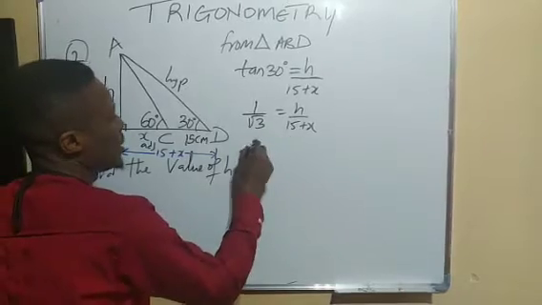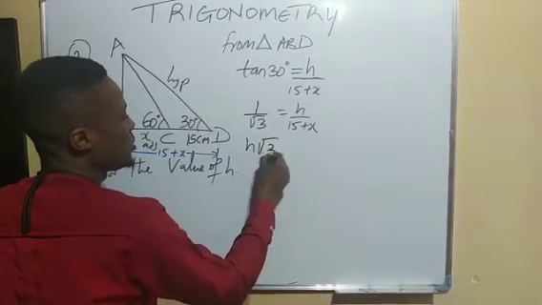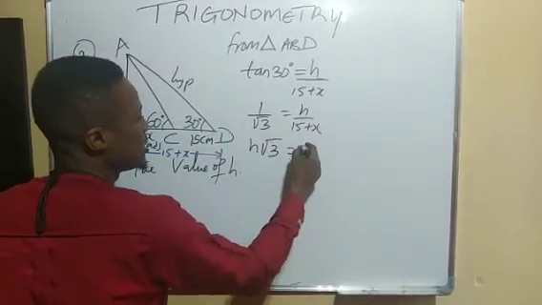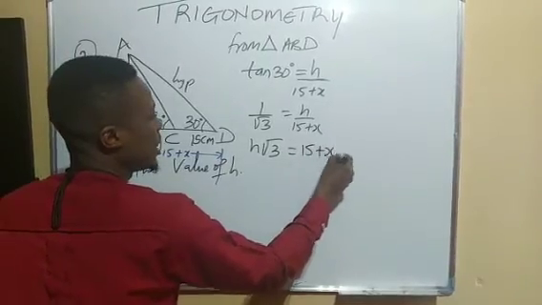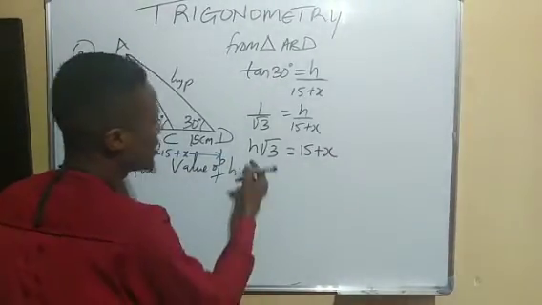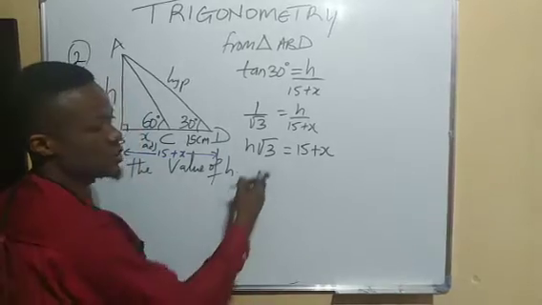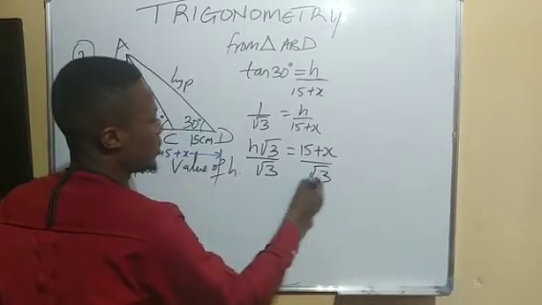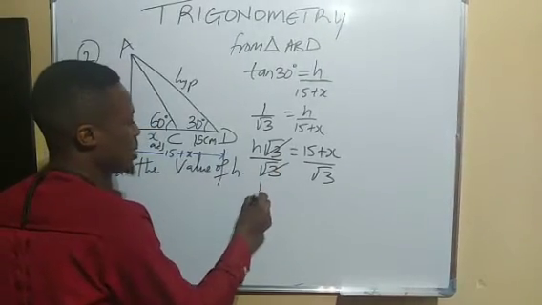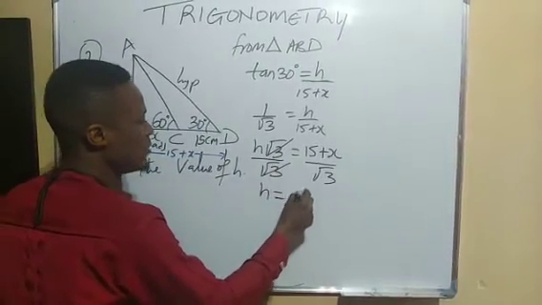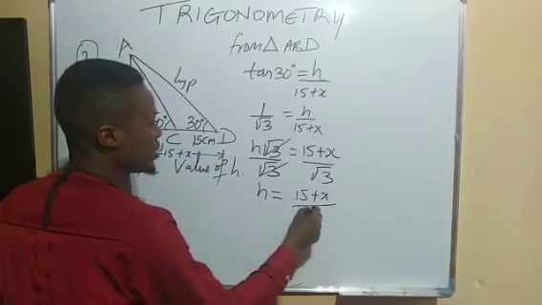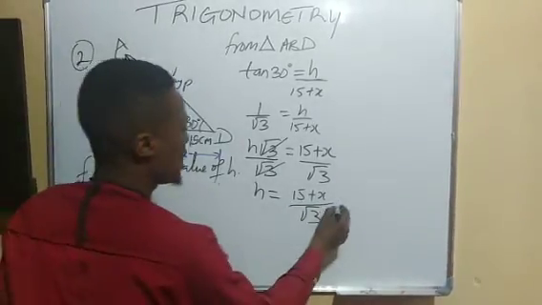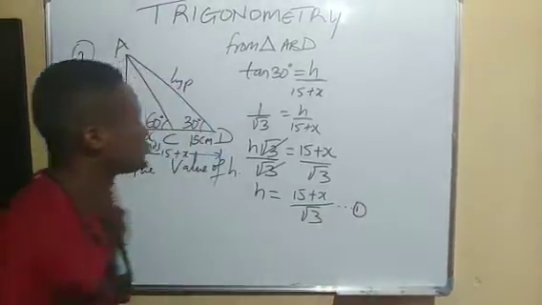Okay, so cross multiply, you have h root 3 equals 1 times 15 plus x. So to make h stay alone, I will divide everything by root 3. Root 3 cancels out. I'm having that my h is 15 plus x over root 3. So I can call this equation 1.